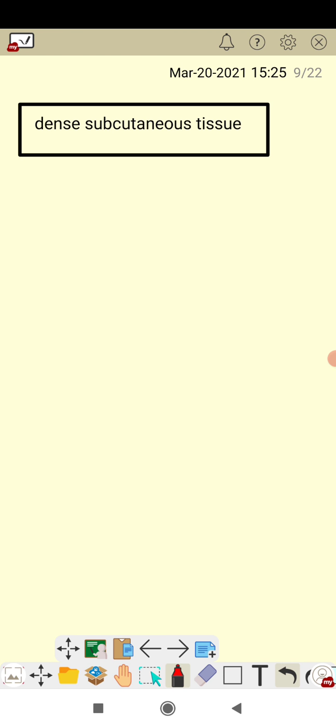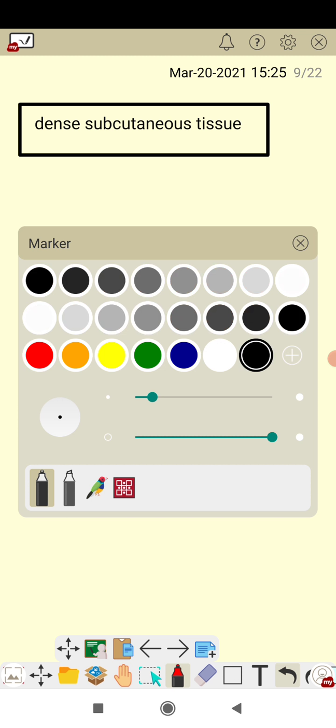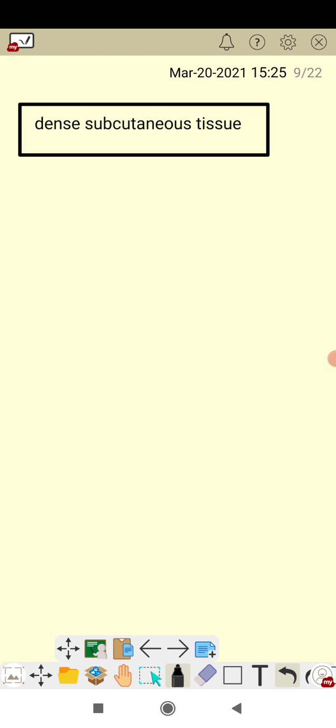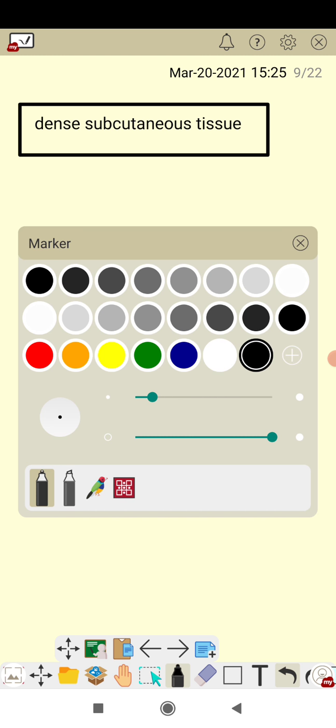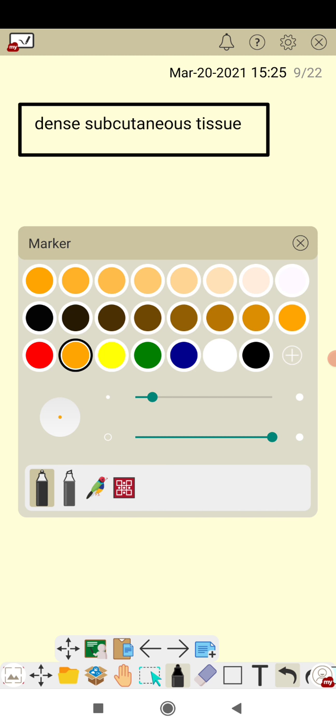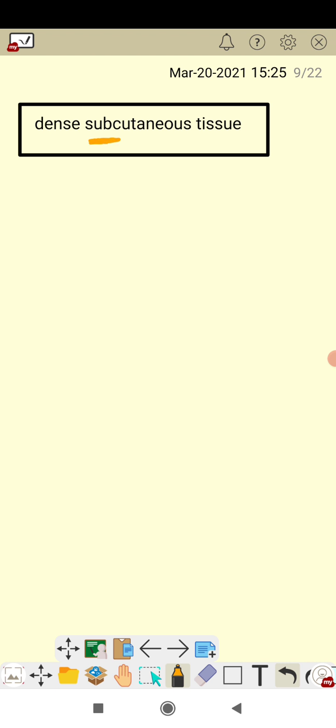Next is dense subcutaneous tissue. Now subcutaneous, sub means below, cutis is skin, means below the skin, and dense represents type of connective tissue. It is dense connective tissue, dense subcutaneous tissue.